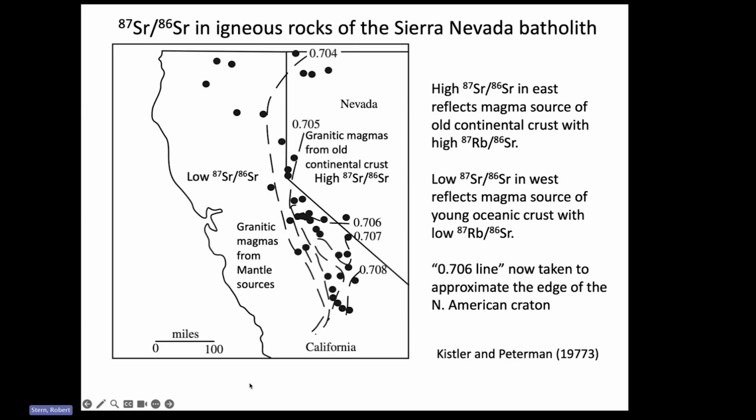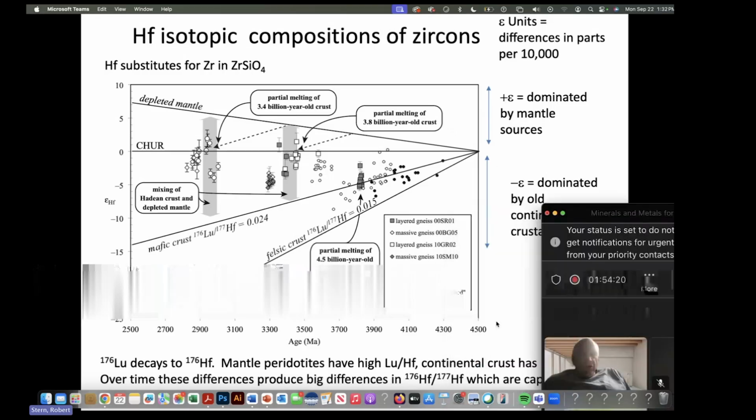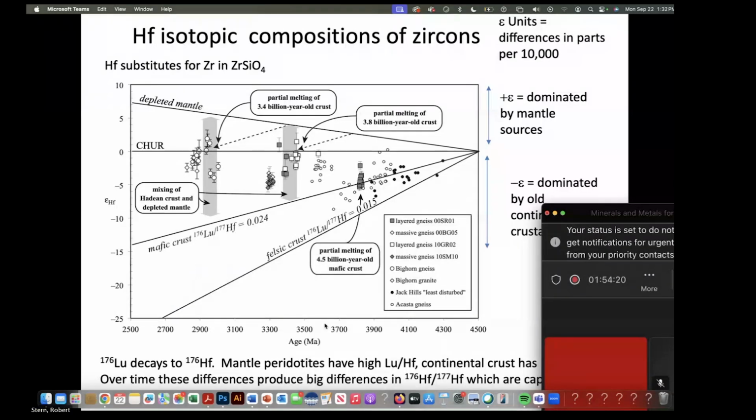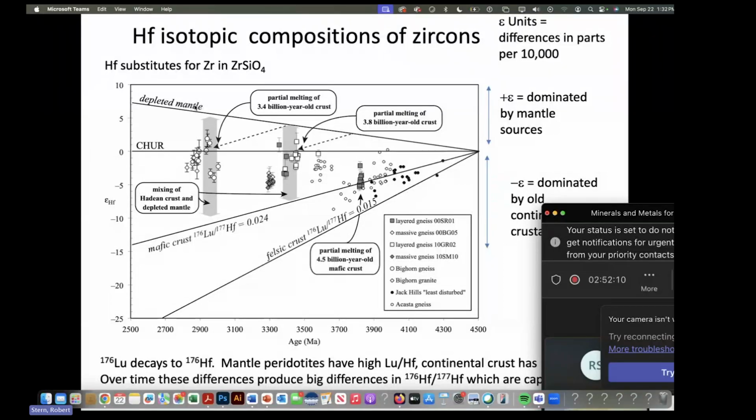So it goes from 4,500 million years ago to 2,500 million years ago. So this is the Hadean and the Archean. And then these are individual zircons from rocks of different ages. And you can see that as things approach the depleted mantle, we infer that there's a greater mantle input.